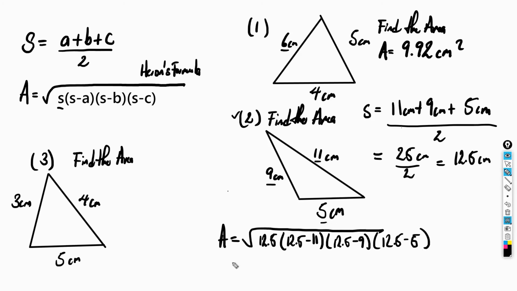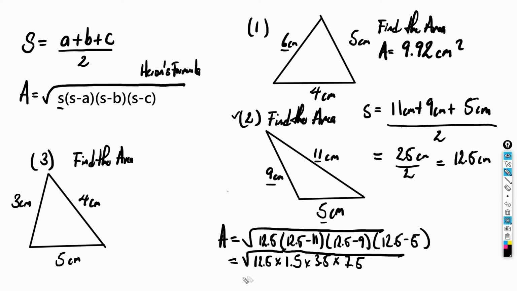So we should end up with the square root of 12.5 multiplied by 1.5, multiplied by 3.5, multiplied by 7.5.